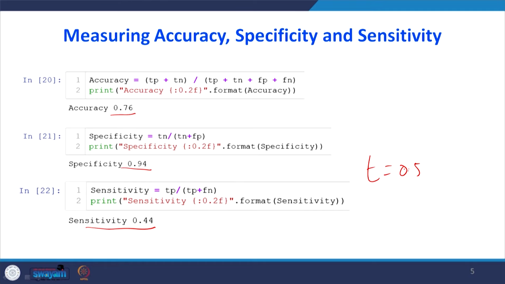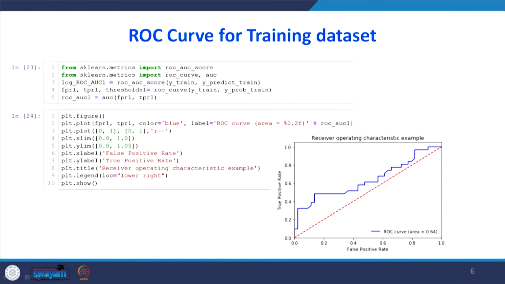But the question will come: if it goes above 0.5 or below 0.5, what will happen, and what should be the correct value? Now we will draw the ROC curve for the training data set. So from sklearn.metrics import roc_auc_score, roc_curve, auc.